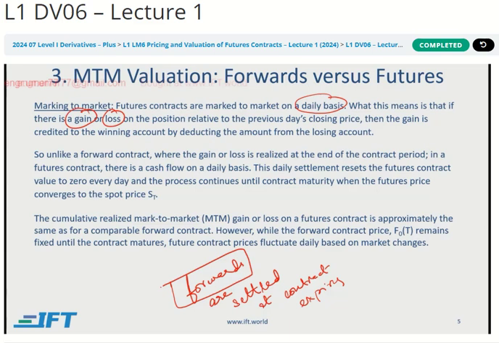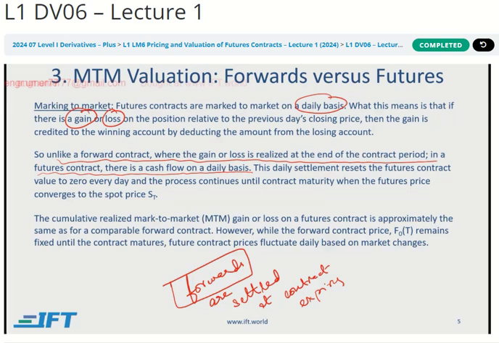Futures are usually between relatively smaller players, they have an exchange in the middle, and they both have to deposit some amount, and on a daily basis that amount is either increased or decreased depending on where the spot price is going. So unlike a forward contract where the gain or loss is realized at the end of the contract period, in a futures contract there is a daily settlement, and this is a daily cash flow, right?